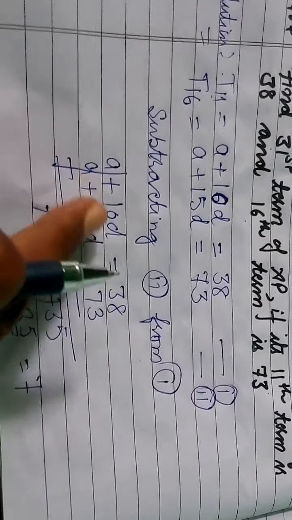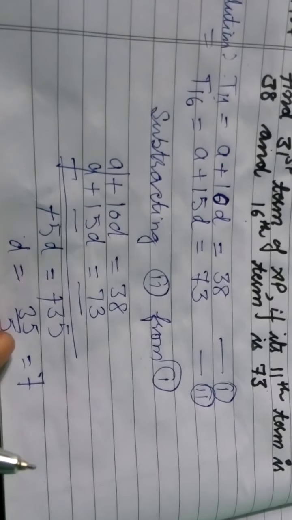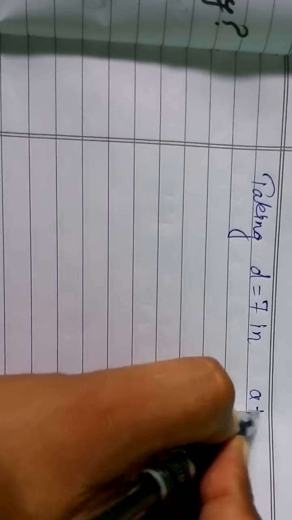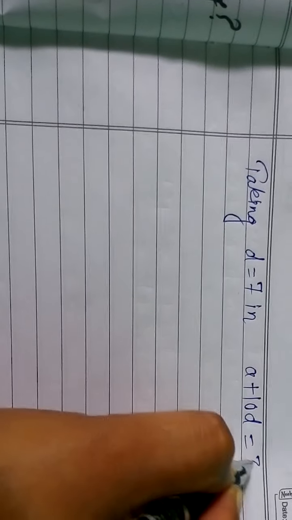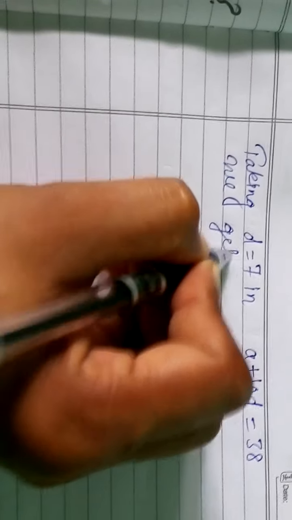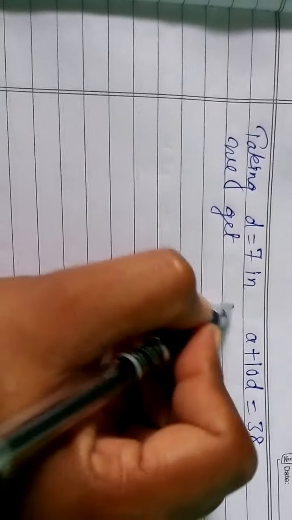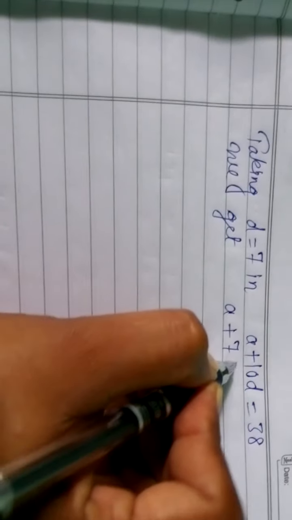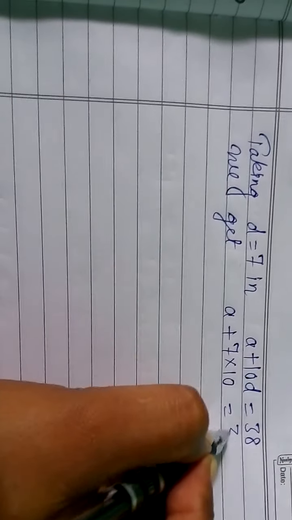So I got the value of D, and now I want to get the value of A. I'll simply put this value of D in equation 1. Taking D is equal to 7 in A plus 10D is equal to 38, we get A plus 7 into 10 is equal to 38.